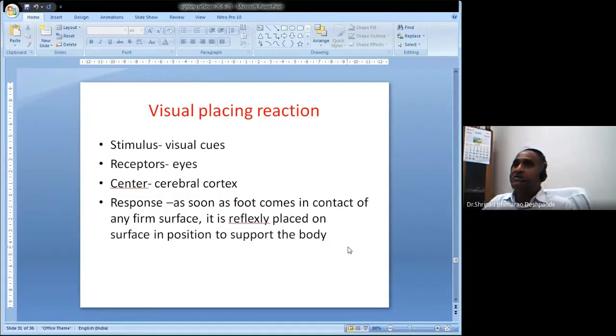Similarly, we have the visual placing reaction. Again, here the visual cues are taken, and from the visual cues, the center is the cerebral cortex. The eyes are participating, again placing.